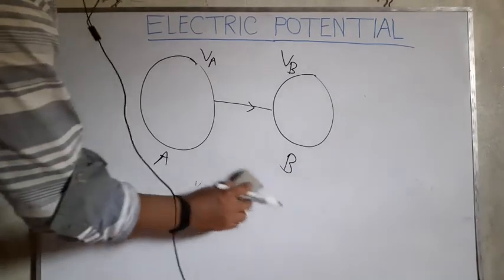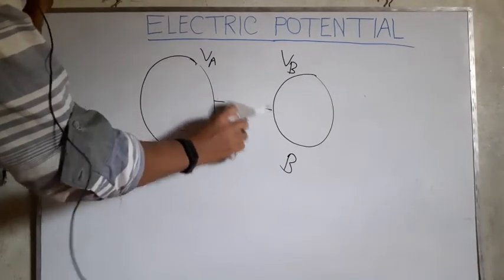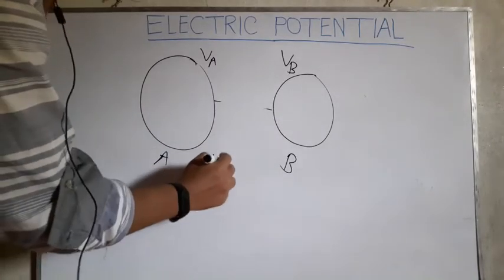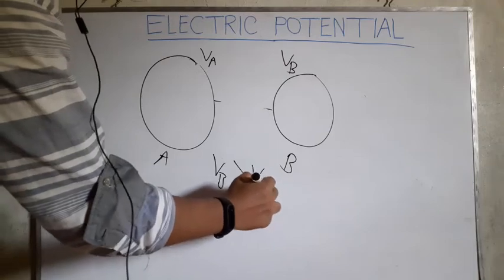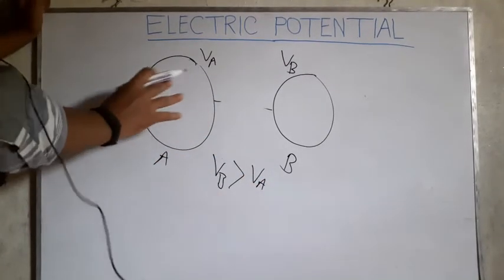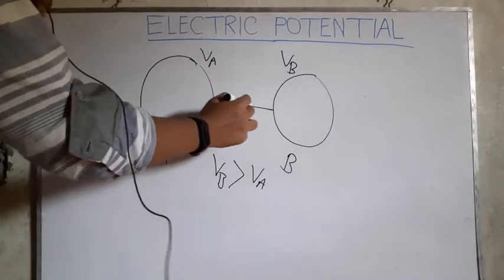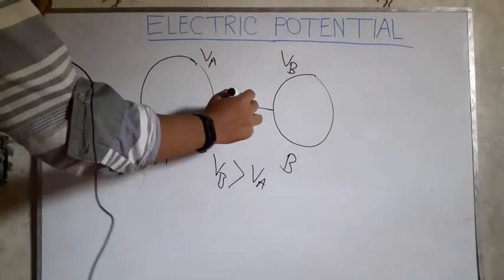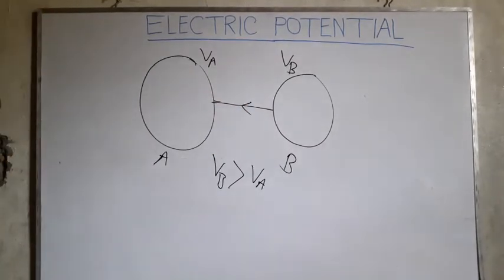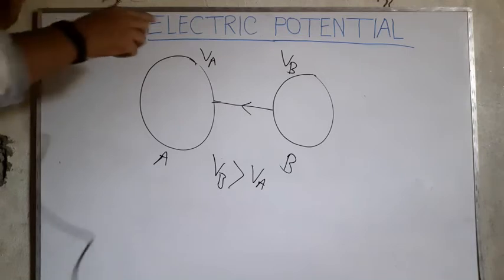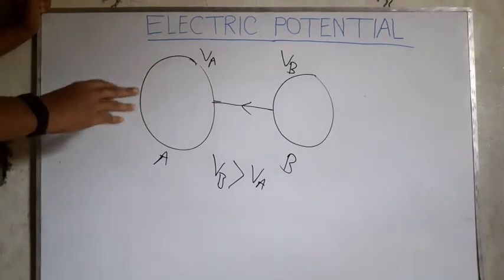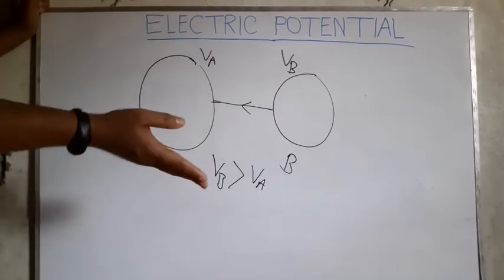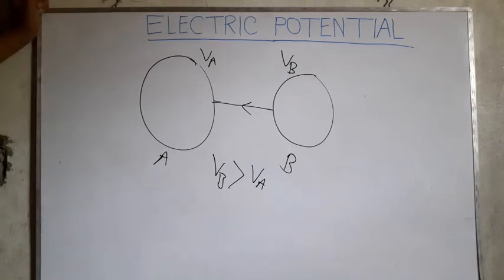But if the potential of body B, VB, is greater than the potential of body A, then if we touch these two bodies, the charge will flow from body B to body A. That is, the flow of charge depends on electric potential. Charge flows from higher potential region to lower potential region.